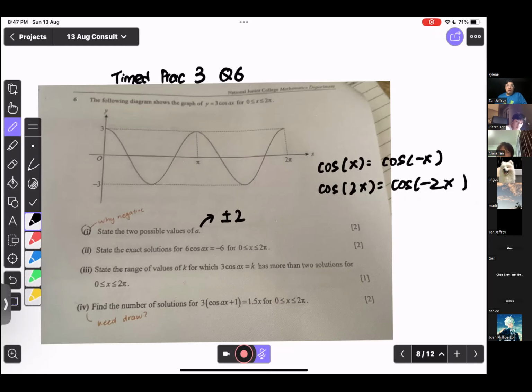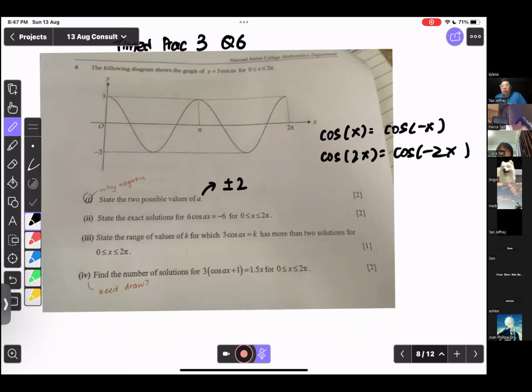Wait, so when does the graph flip? In topic 15, you will learn more. Did we not do a flipped one in topic 13, right? You reflect about the x-axis.